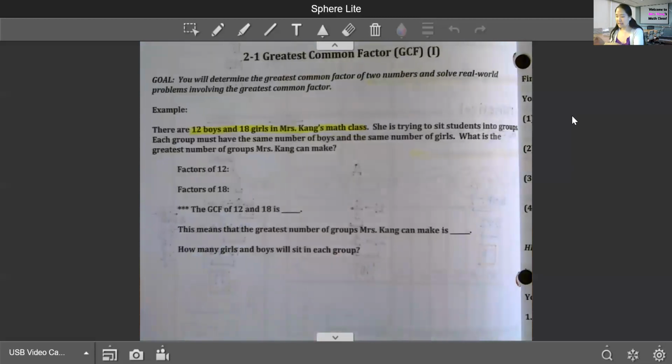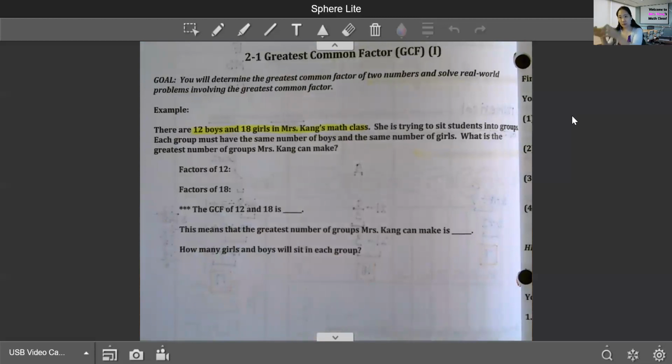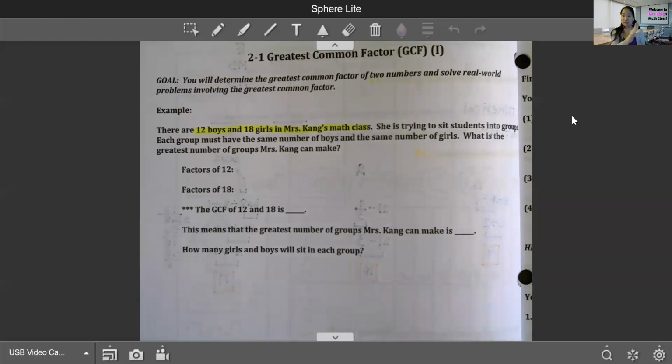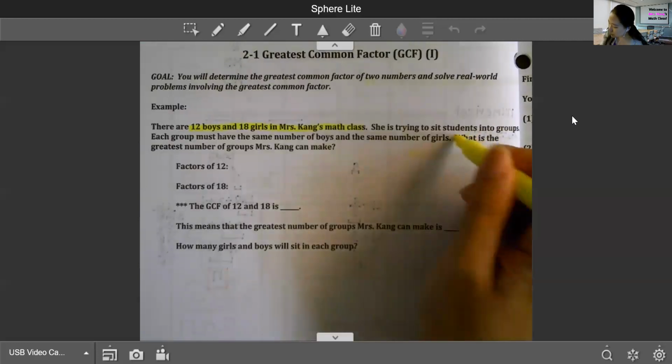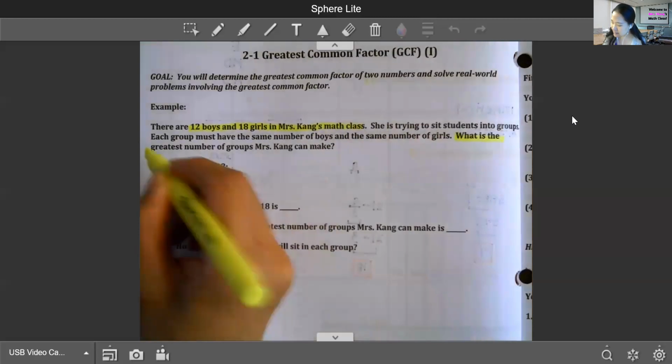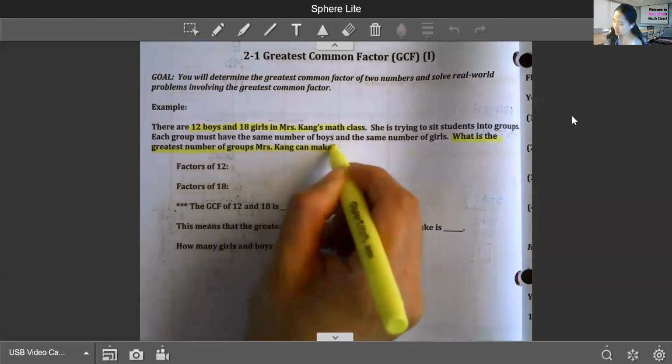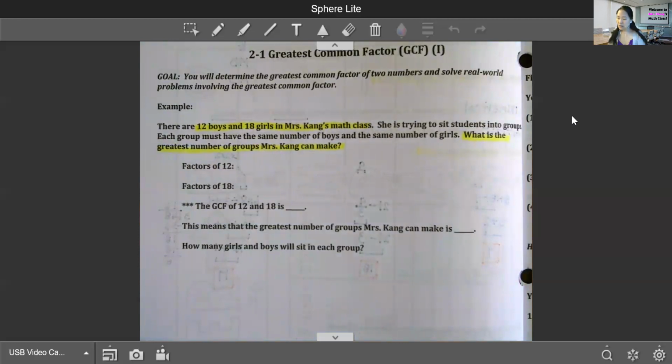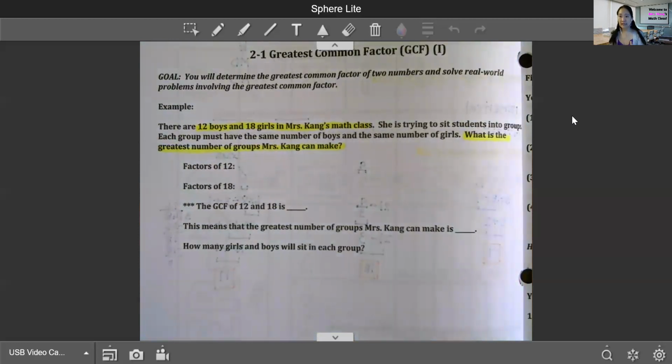Each group must have the same number of boys and the same number of girls, like 2 boys in each group and 3 girls in each group, something like that. The question is, what is the greatest number of groups Mrs. Kang can make?